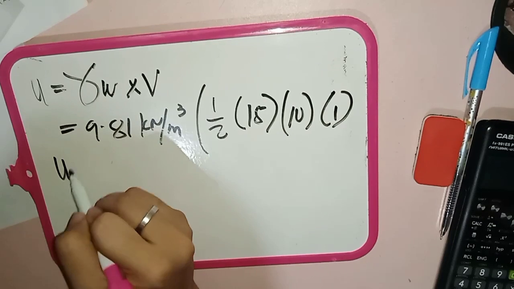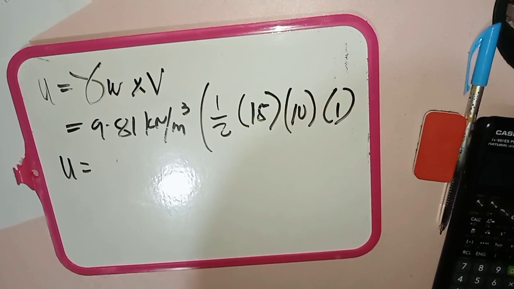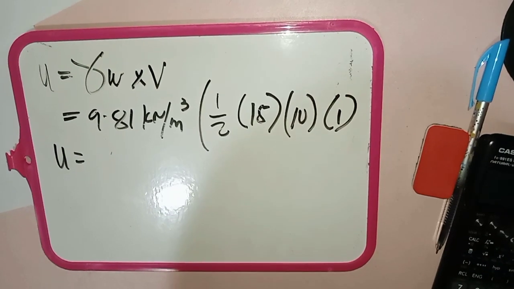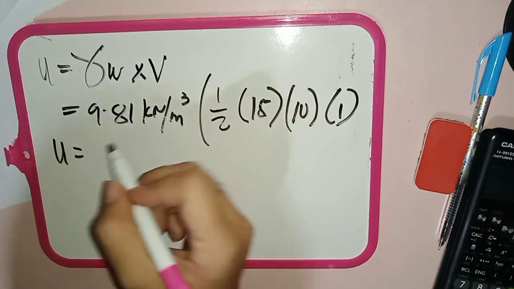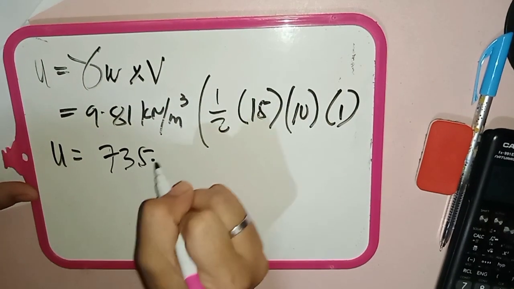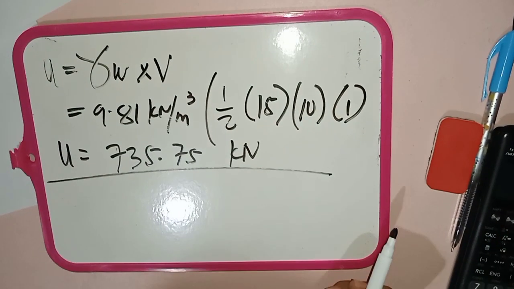So uplift is 9.81 times 0.5 times 10 times 15, which is 735.75 kN.